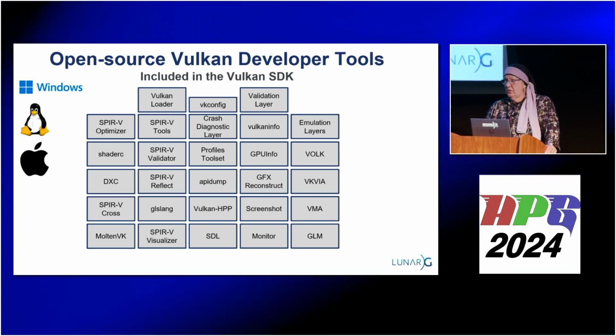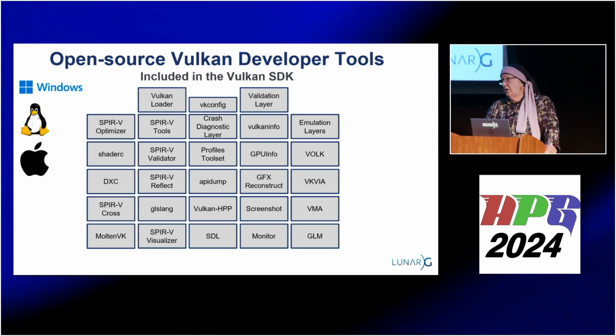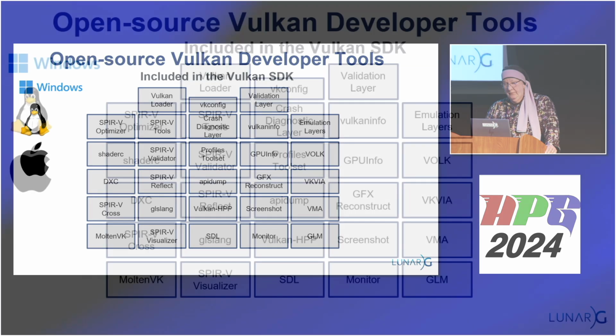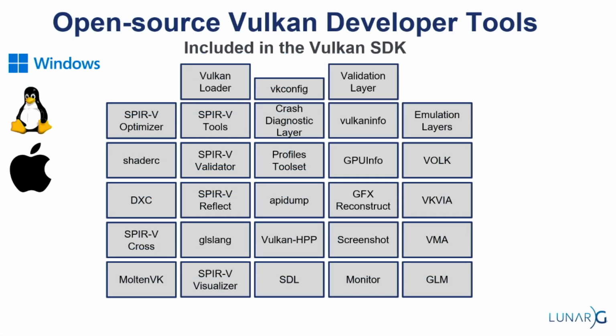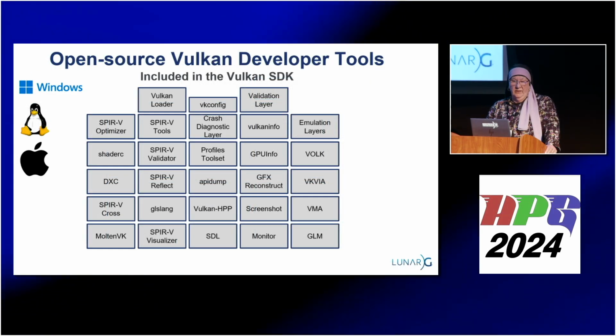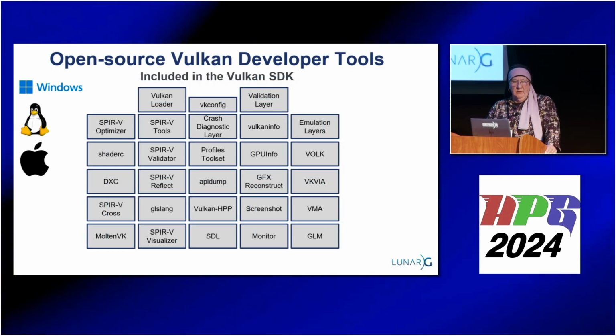What I'm showing you here are the ones that are included in the Vulkan SDK, and by no means is this list exhaustive. For example, RenderDoc, everybody uses RenderDoc. We don't bundle it in the SDK because it has its own very healthy delivery mechanism. So I'm not saying this is an exhaustive list, but again, these are the ones that are in the Vulkan SDK. It is supported on 3 platforms today, Windows, Linux, and Mac.